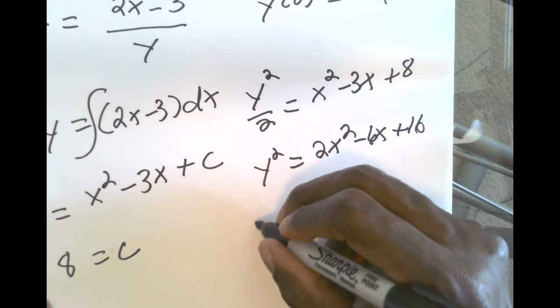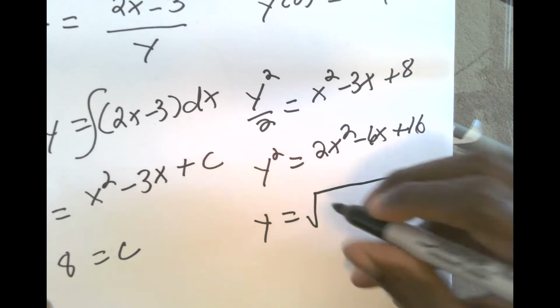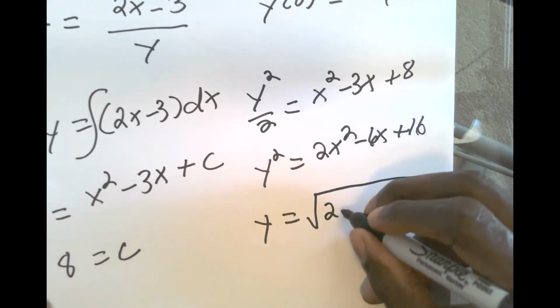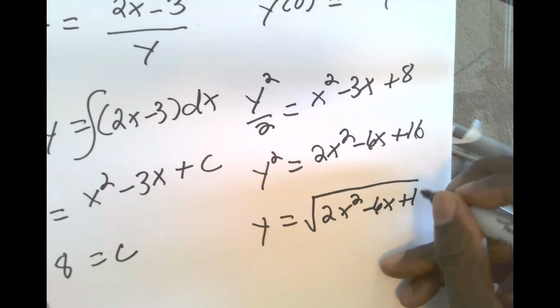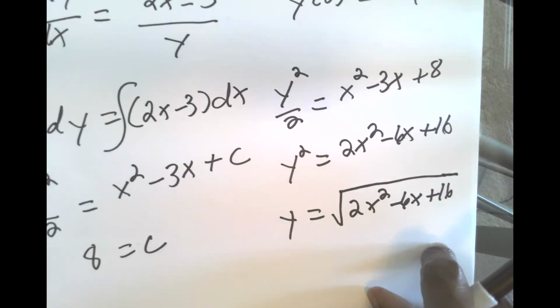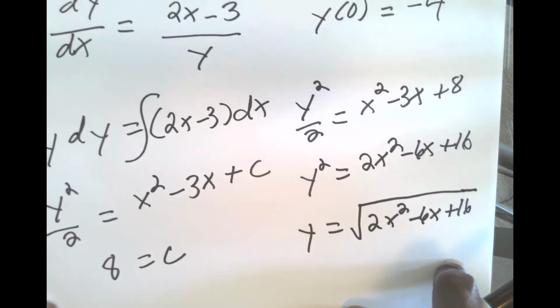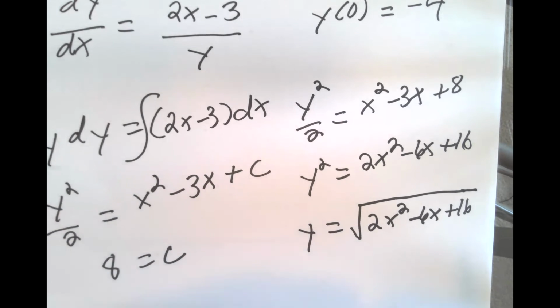And let's take the square root. Now, there's one thing to be careful about on this problem. We took this square root here, but there's two branches to the square root. There's a positive branch and a negative branch.